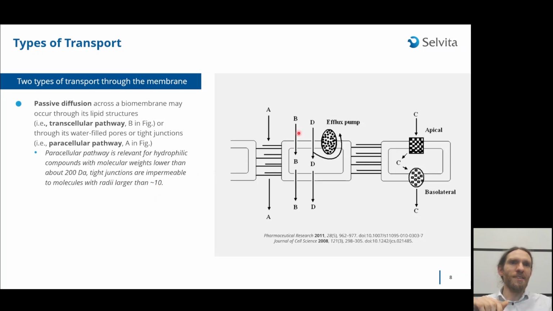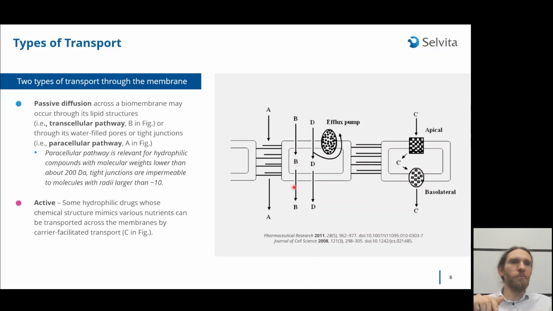Another mechanism is the transcellular pathway. In this mechanism, a compound needs to pass through one membrane and then through a second membrane to be fully absorbed into the body. The third mechanism through which compounds can be absorbed into the body is active transport. Active transport exists so as to absorb nutritious substances.